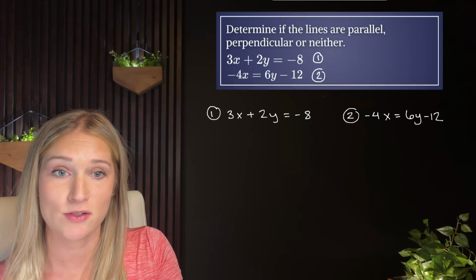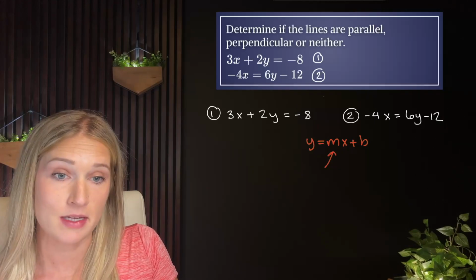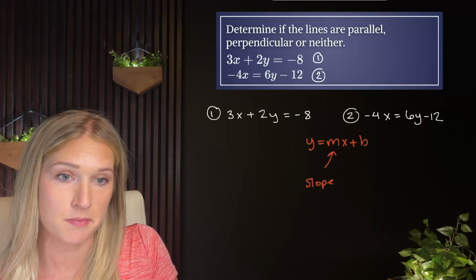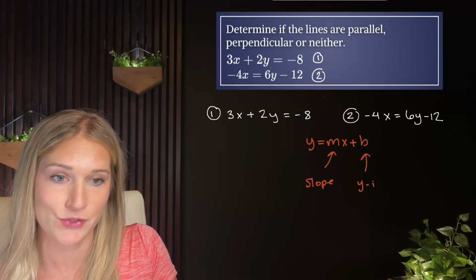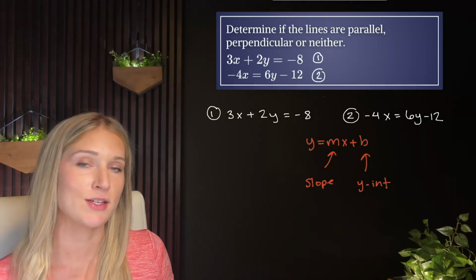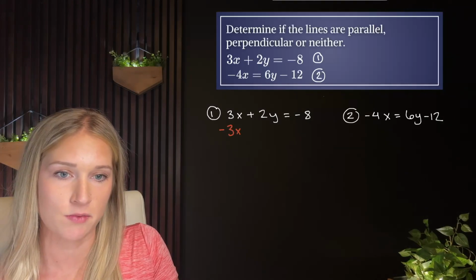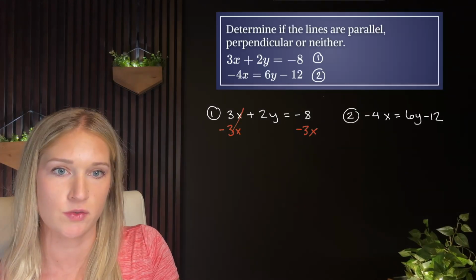Remember that slope-intercept form is the equation y equals mx plus b, where m is our slope and b is our y-intercept. So the first thing I'm going to do to compare the slopes is rewrite each of these in slope-intercept form. I start by moving my 3x in my first equation over to the right.